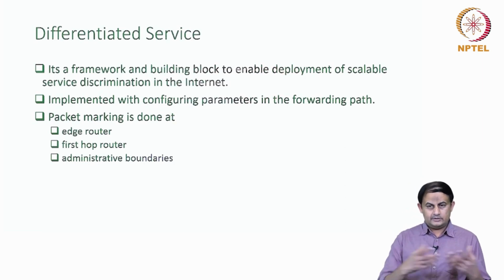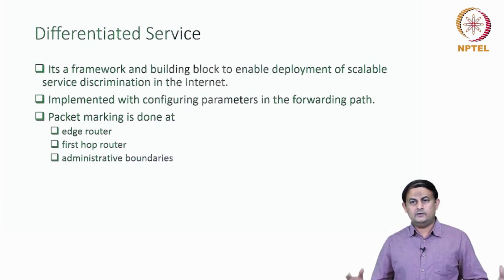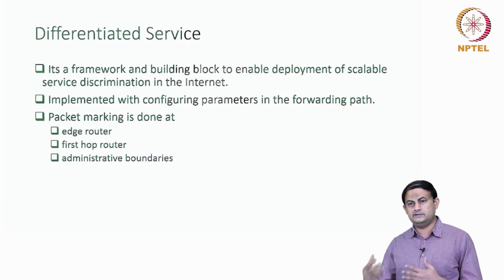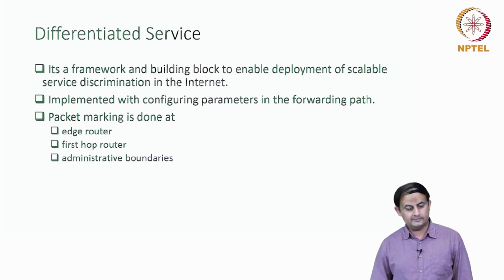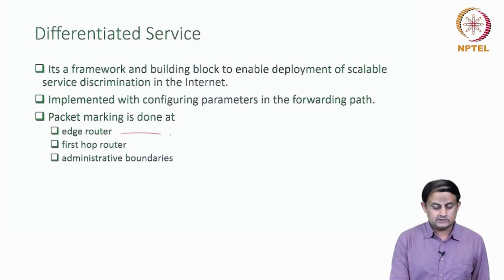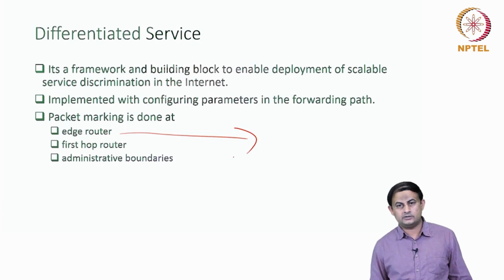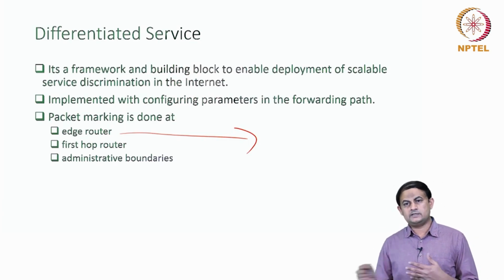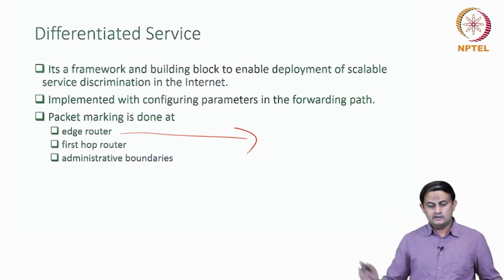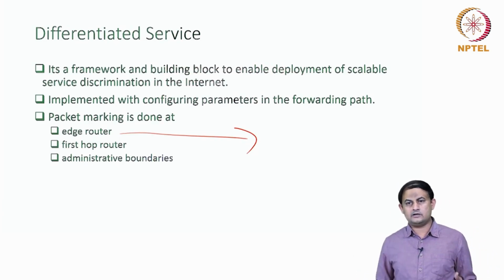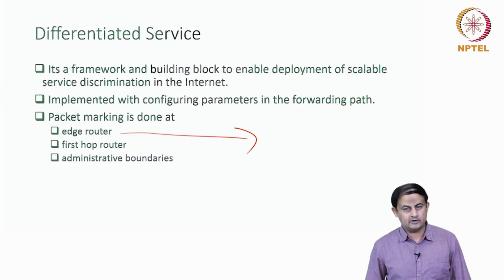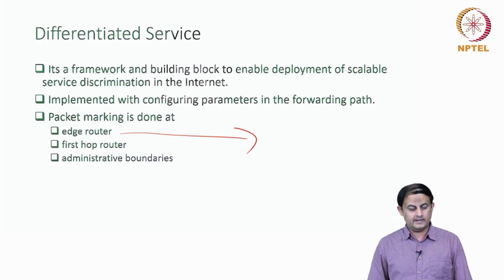It provided configurable parameters using which the traffic from different applications and different users is treated differently. As I said, much of this complexity is placed at the edge router or the first hop router, where the packet marking is done, and then subsequently in the network the routers look at that particular marking and do the forwarding differentiation, meeting the quality of service requirement of that packet.